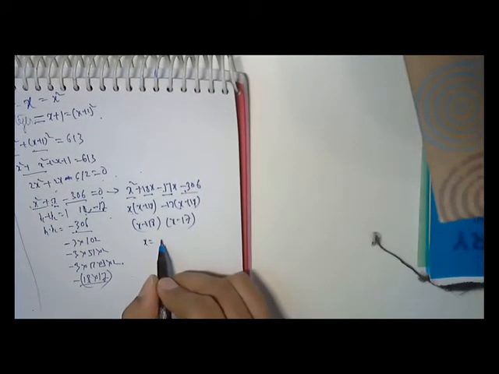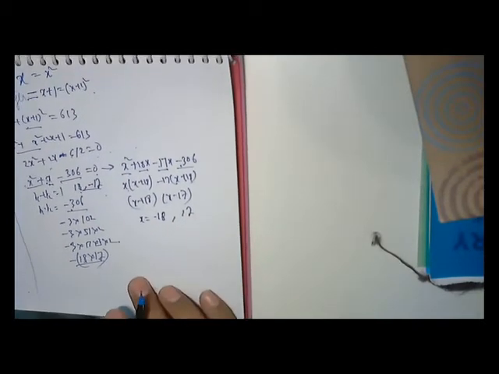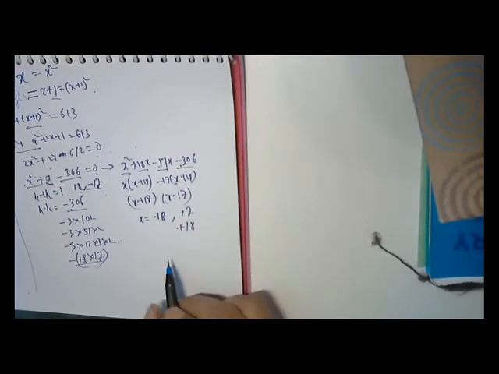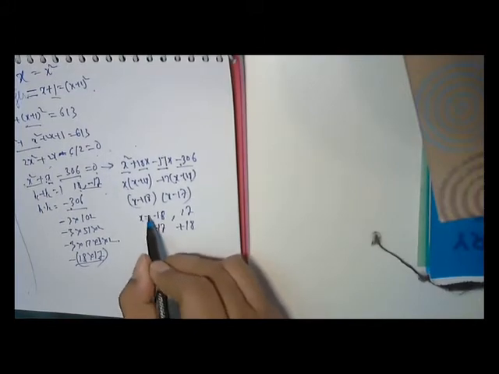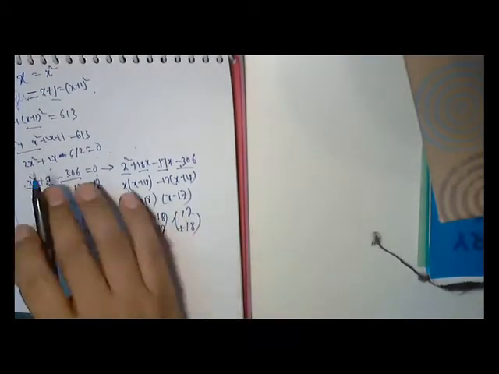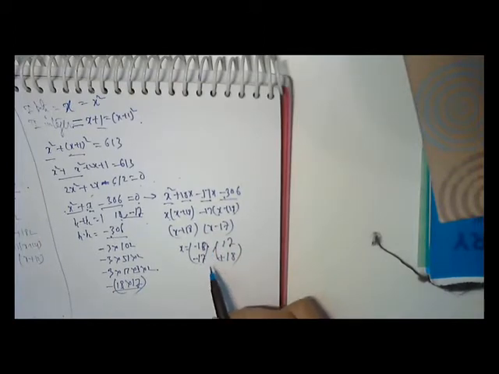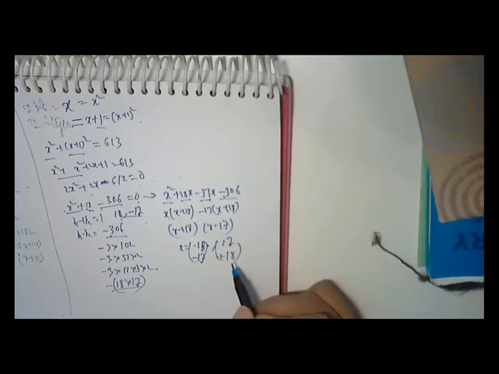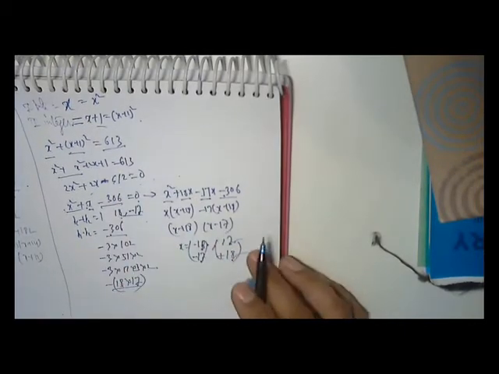So x is equal to either minus 18 or 17. If the consecutive number is 1 more, then minus 18 plus 1 is minus 17. When we do squares, 17 square or 18 square, both are positive. Minus 17 square is also positive, minus 18 square is also positive. So 17 square plus 18 square is equal to 613. Okay, now we'll go to the next.